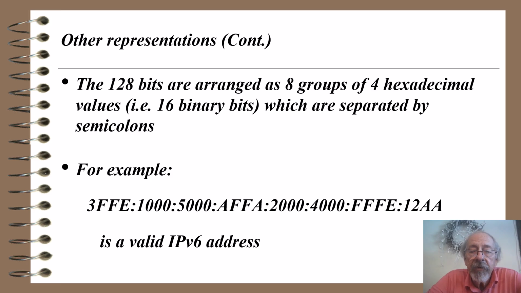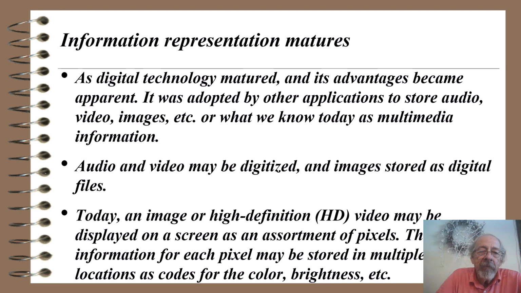I try not to fall into the problem of using decimal numbers when I shouldn't be. That's a valid IP version 6 address. Now, you might be totally overwhelmed by that. 128 bits is a lot of bits, but it turns out that we restrict the use of various addresses in IP version 6, so it actually is a little easier to use than what you might first think when you first see an IP version 6 address.